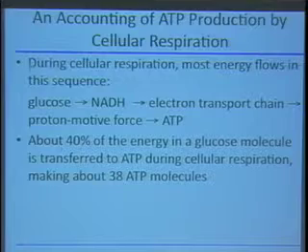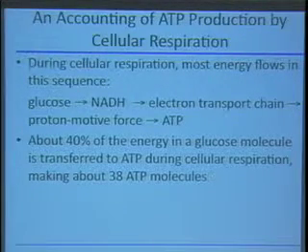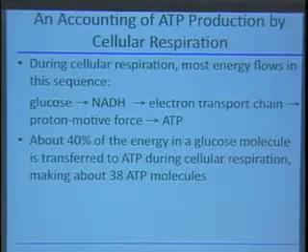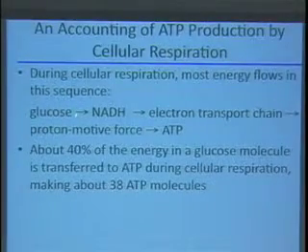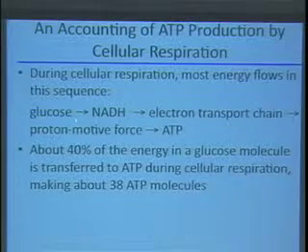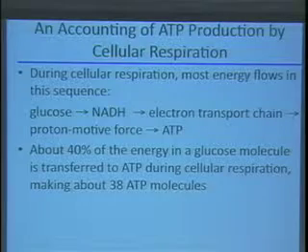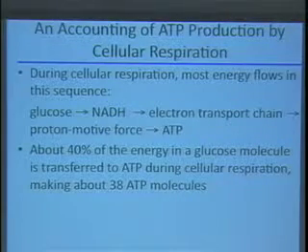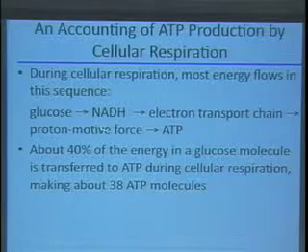Okay, so finally, let's just do a little accounting of the energy that's coming from all of this. So on Monday, we started off with glucose, right? And we talked about its entry into the glycolytic pathway to ultimately produce pyruvate that then goes into the citric acid cycle and drives electron transport through the production of NADH, right?